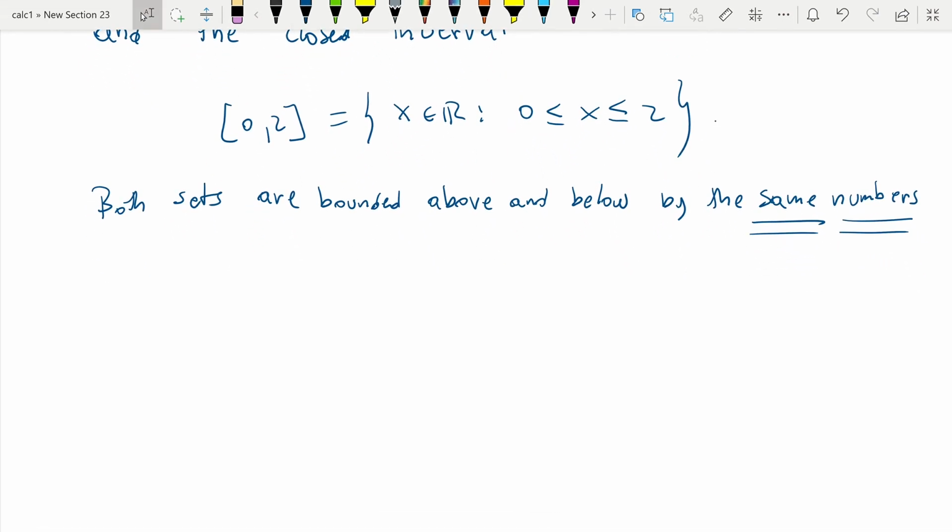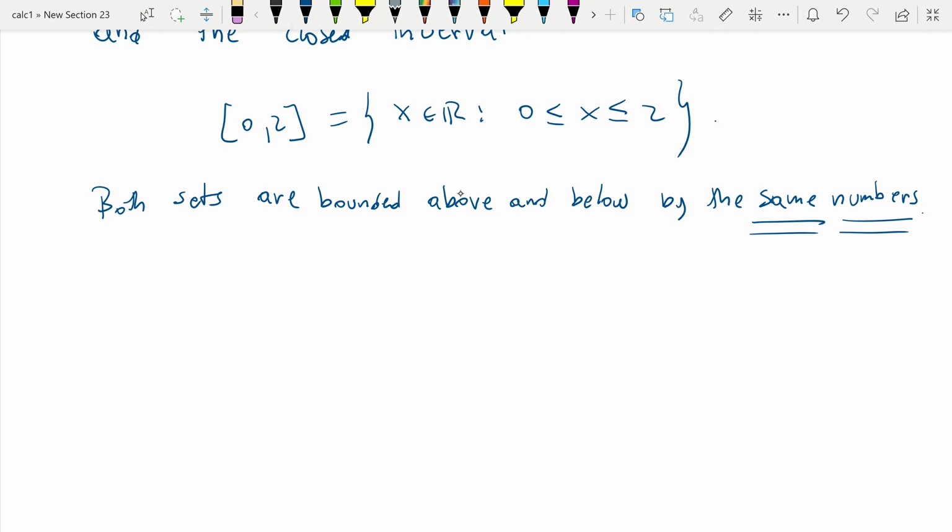And since they have the same upper and lower bounds, they have the same least upper bound and the same greatest lower bound.